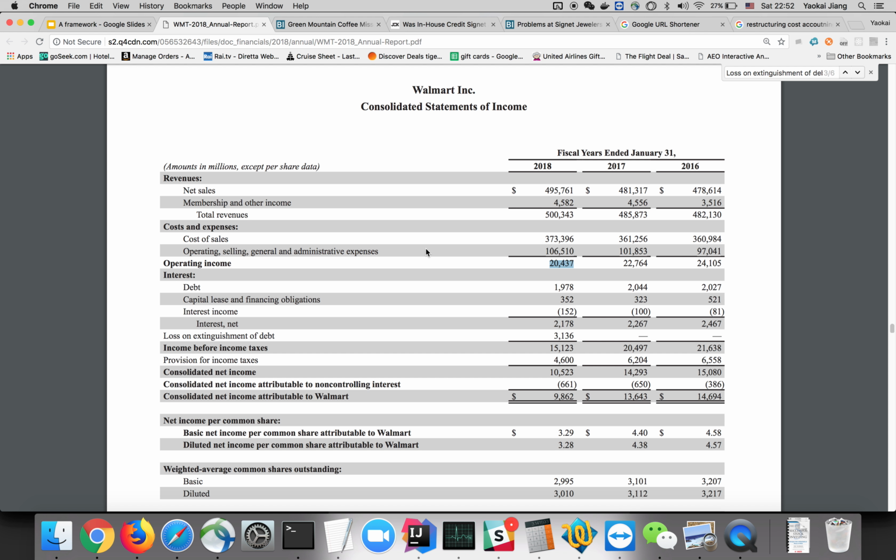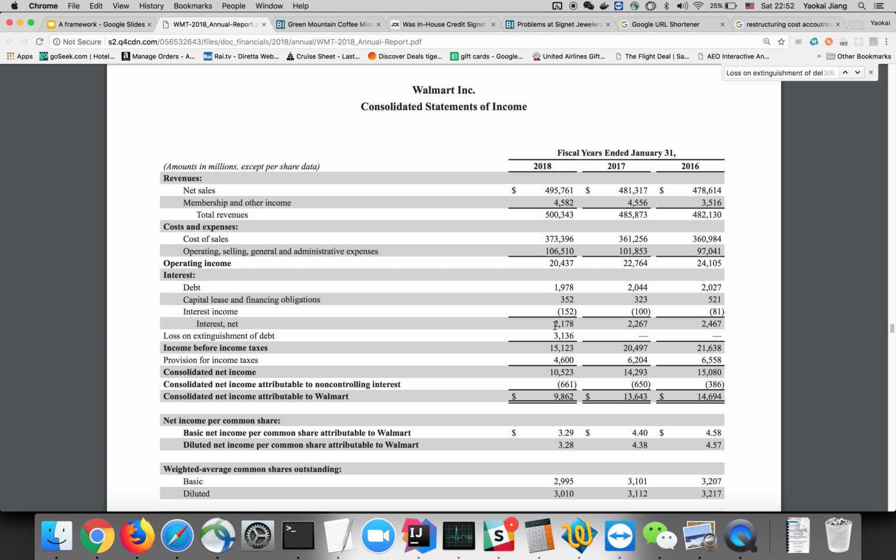You have revenue and you have cost of sales and you have SG&A. Those three things basically make up the operating part of the business. And as long as the non-operating part isn't going crazy, you don't have to worry about those too much. Obviously, for debt, you look at how much interest they're paying compared to their operating income. In Walmart's case, it's very healthy.